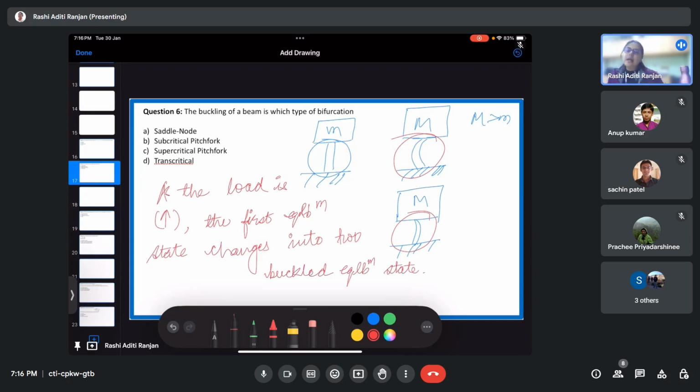This is what is happening. So this is what we call bifurcation. With the change of some parameter, the equilibrium state is changing.